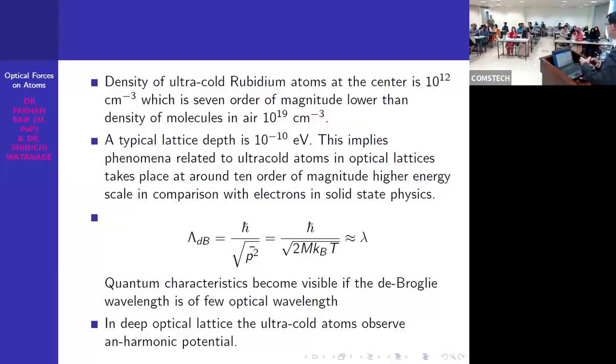That means any phenomenon which we are trying to perform in this optical crystal is 10 orders of magnitude higher in energy. So that's an interesting thing, that we have an energy scale which is very high. To perform any phenomenon, we shall see which kind of phenomena we have in front of us, and we shall have a quick review of these various phenomena coming soon.